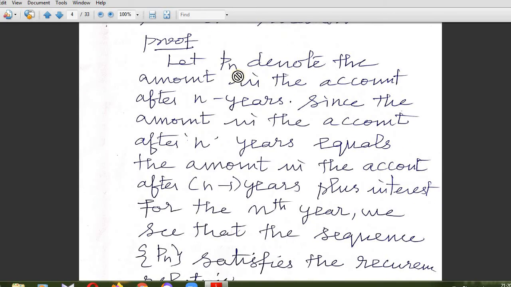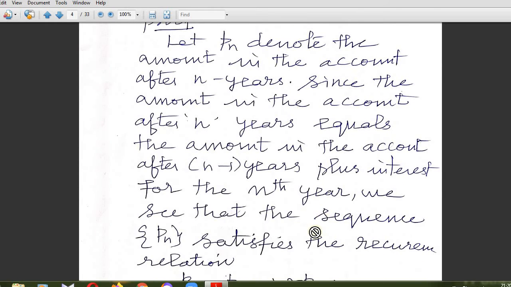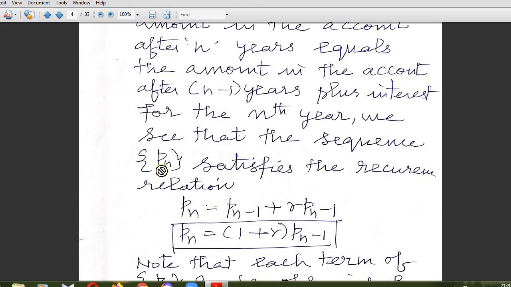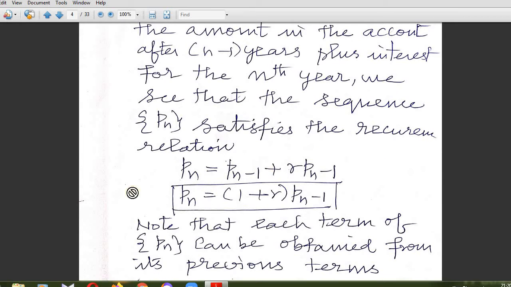Now look at that. Let P denote the amount in the account after n years. We are depositing some amount in the bank. P denotes the total amount after n years. Since the amount in the account after n years equals the amount in the account after n minus 1 years plus interest for the next year, we see that the sequence Pn will satisfy the recurrence relation.